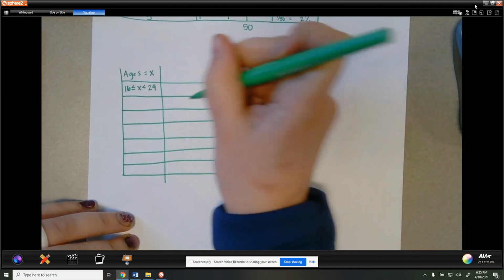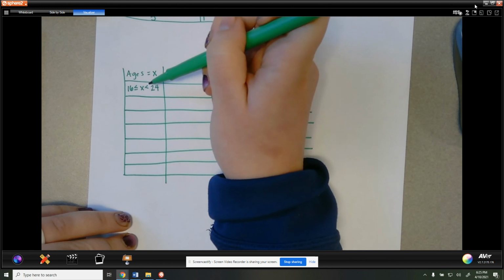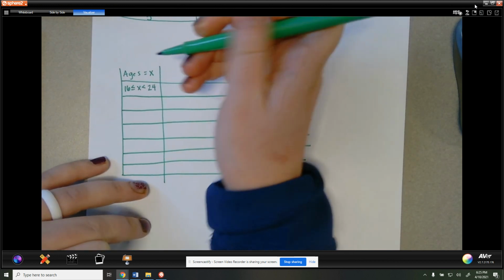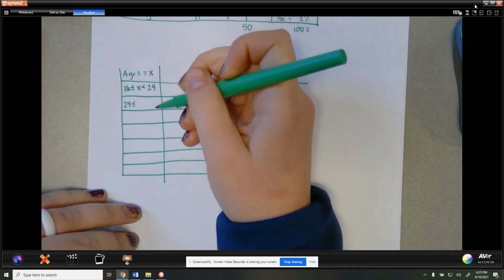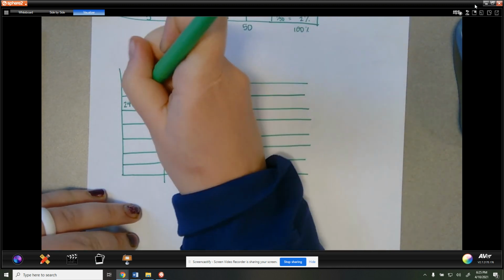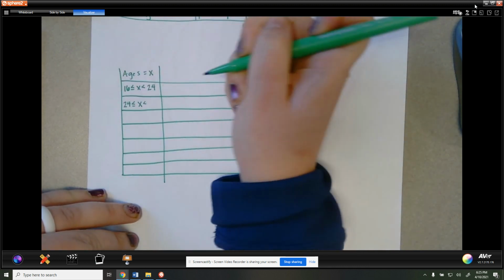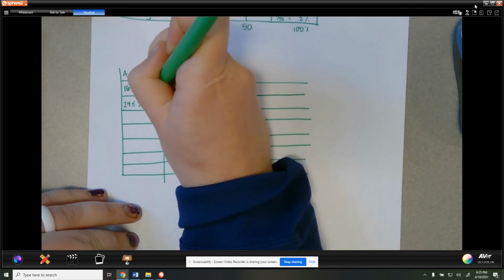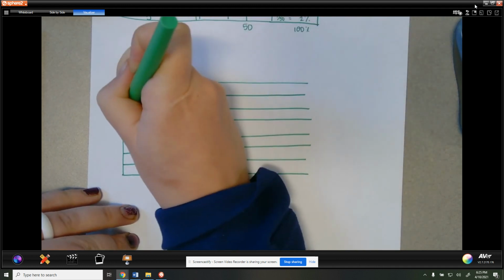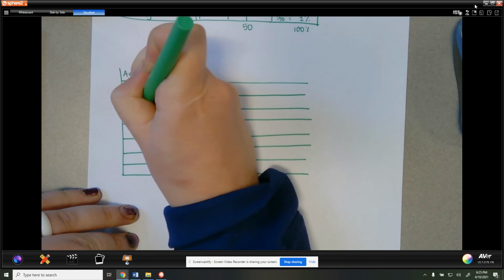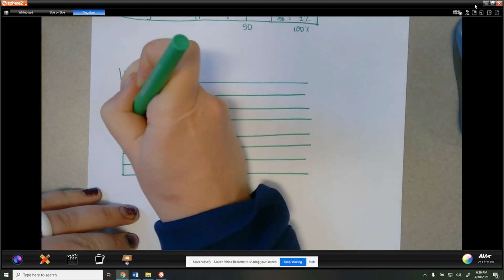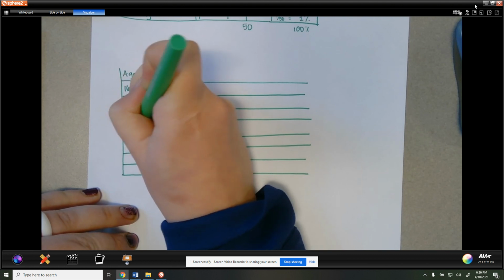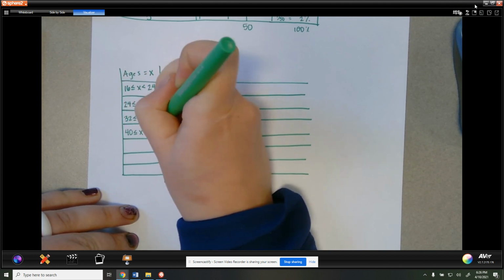Okay, so then the next one. Now notice I did not include 24 in this one. So my next one, I'm going to start at 24. And those people that are 24 years old are going to be included in this bracket. And then we'll go 8 more, so that'd be 32. So then 32 to 40. I'm counting it by 8s each time. And this would be 40 to 48.